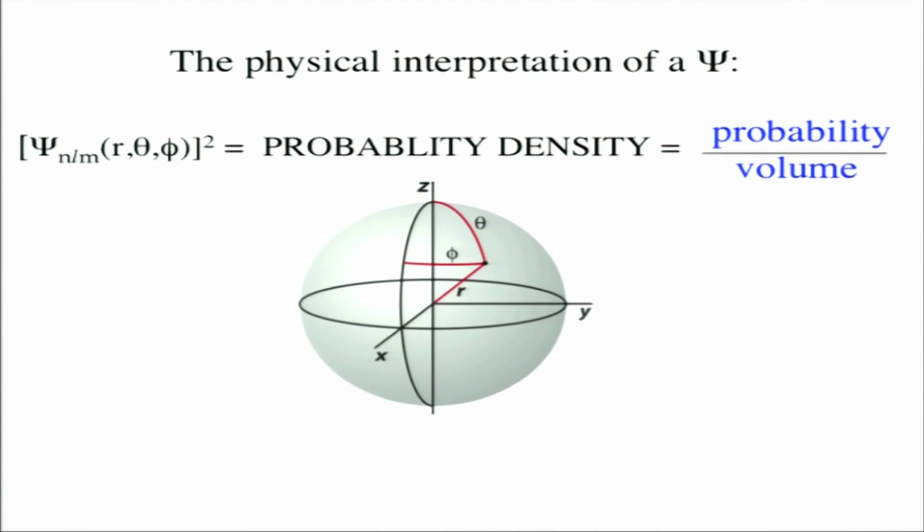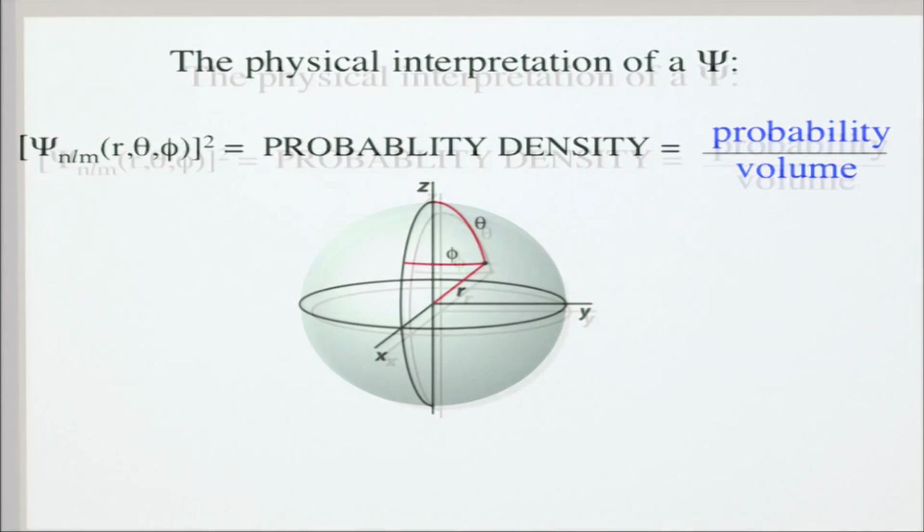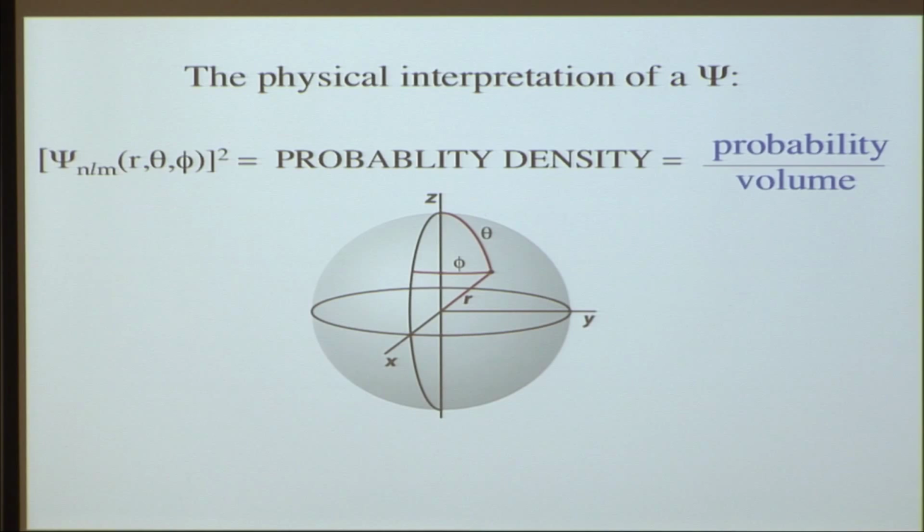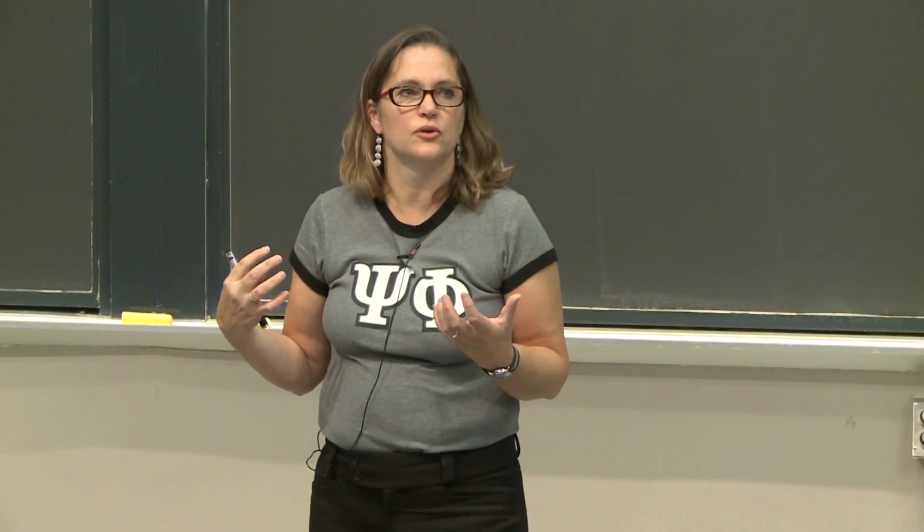It gets at the probability density, the likelihood that you'll find an electron at a certain location, the probability per unit volume. And again, this is a three-dimensional problem. So our wave function depends on our radius r, but it also depends on two angles, theta and phi. You can think of those as latitude and longitude, if you will.